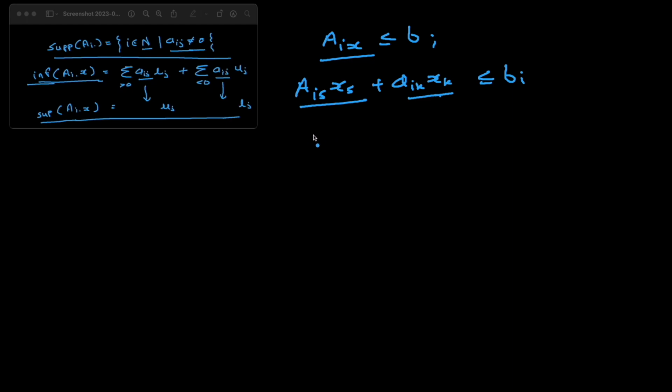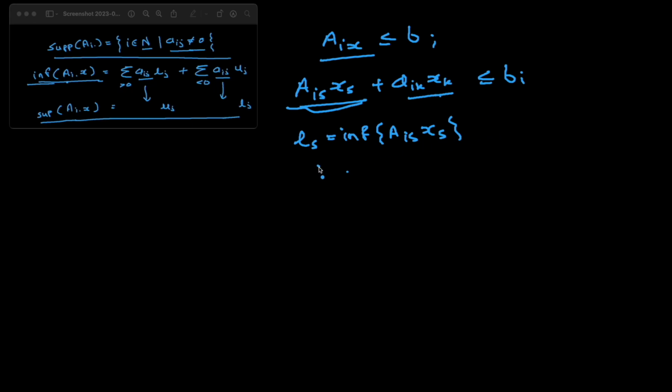So what we can do is find some lower bound on this part, right? As long as we are looking at just one constraint at a time, we can simply use its infimum. Let's say ls, the lower bound for this set S, is basically the infimum of ais xs, right? So this is the smallest value that this can take. We can move this to the other side and subtract it.